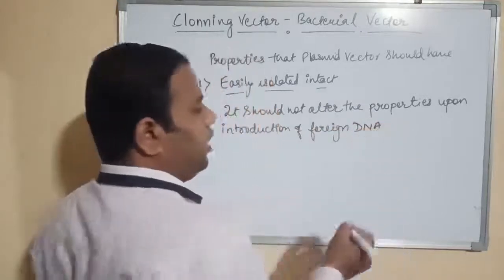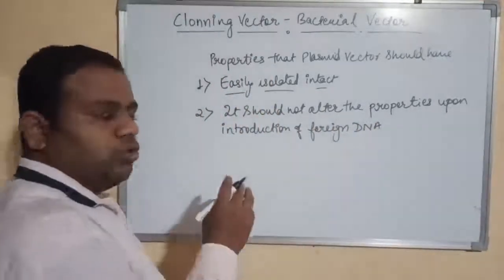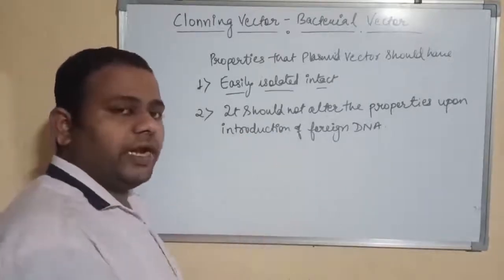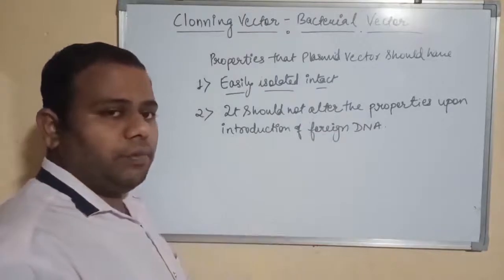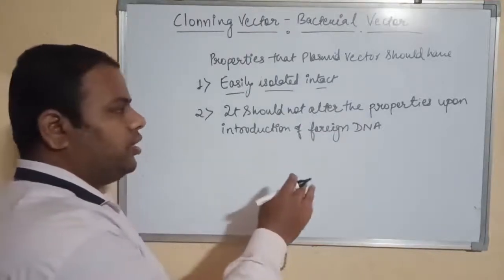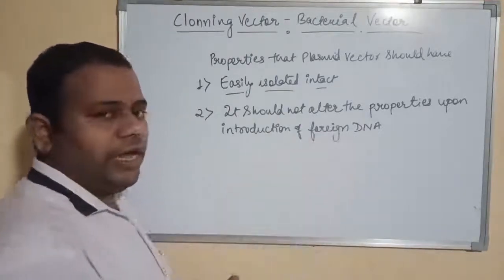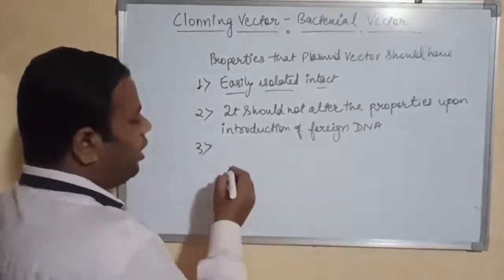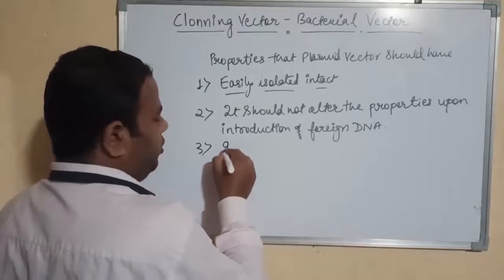Means if a foreign DNA of interest or a gene is introduced into the plasmid, the innate properties of the plasmid, that is to replicate autonomously plus having multiple cloning sites, should not be altered by the entry of foreign DNA into that. And the next third property is it can be reusable.